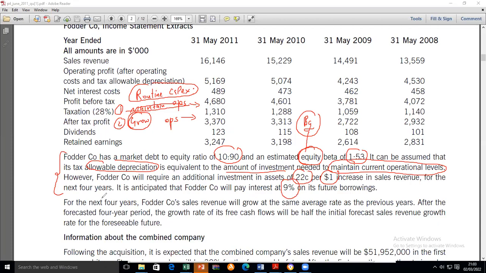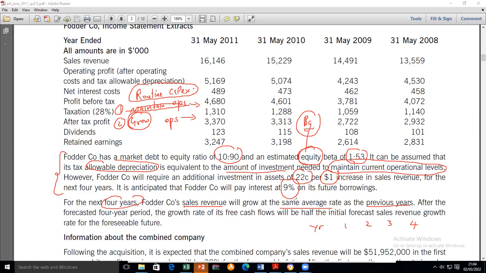Now, over what period of time are we going to discount the cash flows? Next, for the next 4 years, Fodder sales revenue will grow at the same average rate as the previous years. So for the next years 1, 2, 3, and 4, the growth we're going to see is the average growth that we have seen in the past.